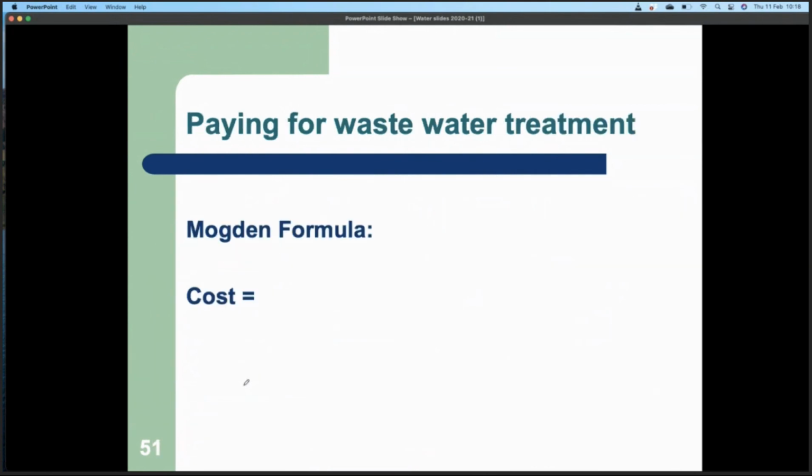So just one other aspect about who's paying for this. Don't know if you've heard about this, but people pay for the wastewater treatment. So in Scotland, in the UK, if you are lucky enough to rent or own your own flat, not student accommodation, then you pay council tax.